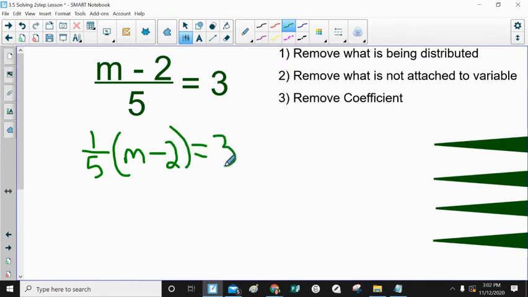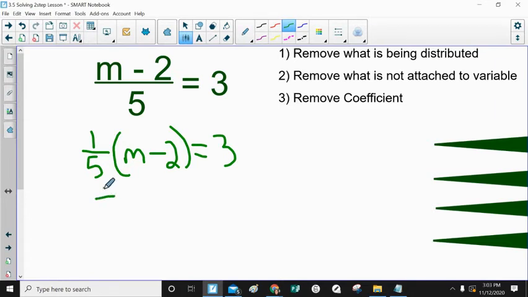This means the same thing, okay? So I can take this 5, this denominator, and pull it out and treat it as a coefficient. And the way to get rid of a coefficient is to divide by the coefficient. So divide by 1/5.